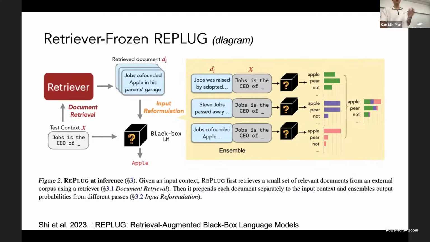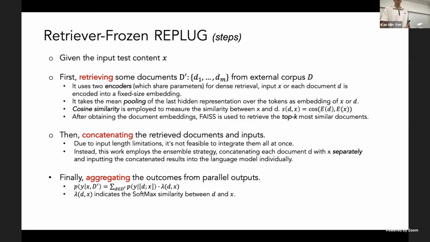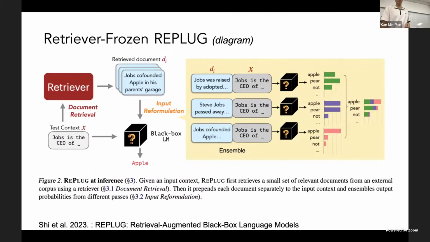The first one is the retriever-frozen one. There are actually 3 steps. Given the input X, firstly it will retrieve the relevant documents.